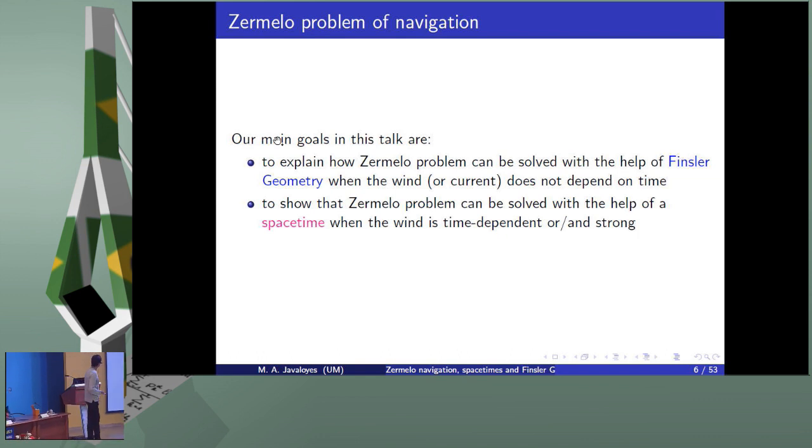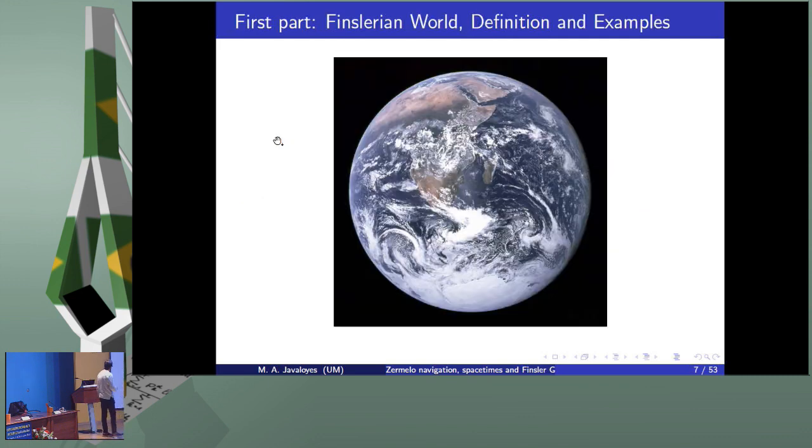When it is time dependent, you need a spacetime to solve the Zermelo problem. It cannot be solved only with Finsler geometry. So I'm going to speak now about Finsler geometry. Let's enter the Finslerian world.